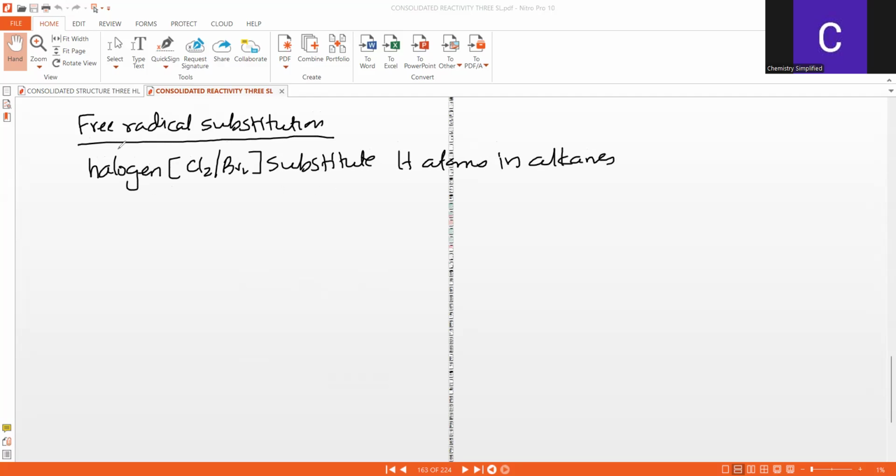Okay, this is in short the description of what is going to happen. So halogens will be substituting hydrogens in alkanes. So first we'll see the reaction in general and then we'll see the mechanism.